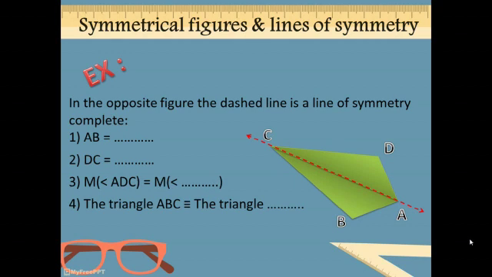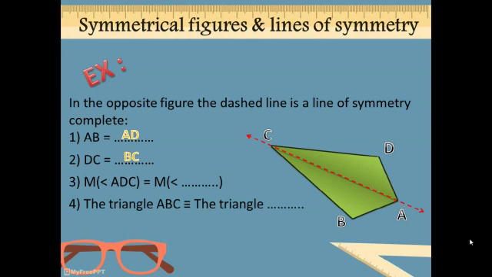Thus, if he asks you that AB is equal what here? Look at the figure. AB is equal to AD. What about DC? DC here is equal to BC.